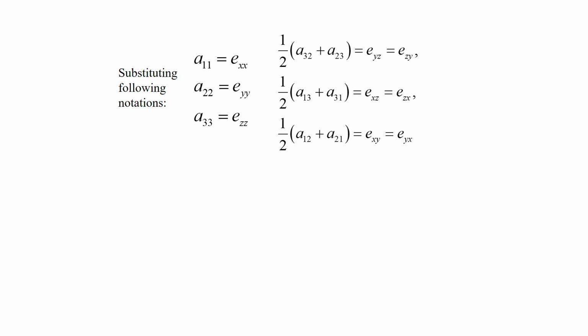So, A11 is equal to Exx, A22 is Eyy and A33 is Ezz, and half of A32 plus A23 is Eyz, which is equal to Ezy, because if we replace z by y, it does not change anything, and half of A12 plus A21 is equal to Exy, which is equal to Eyx, like that.